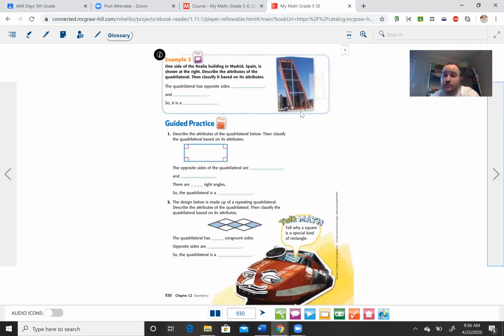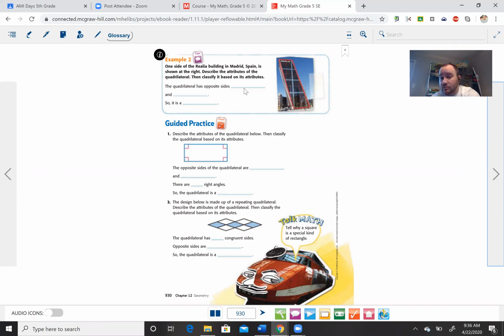So let's go into example 2. It says one side of the Realia building in Madrid, Spain is shown on the right. Describe the attributes of the quadrilateral, then classify it based on its attributes. So I would say opposite sides are equal or congruent, right?